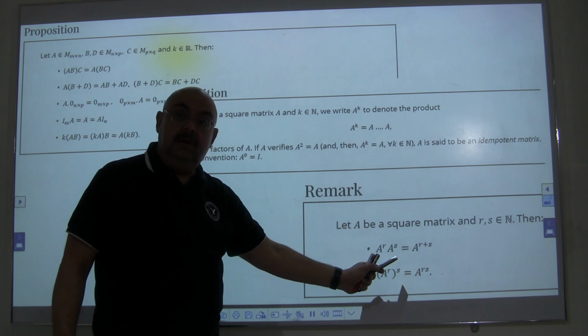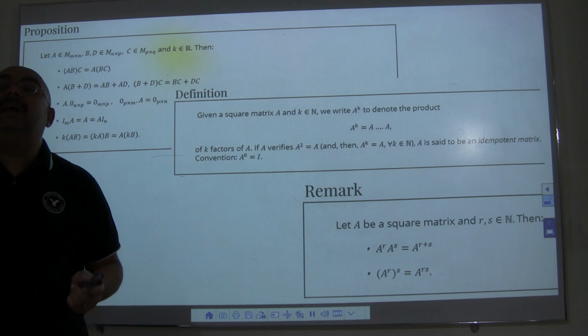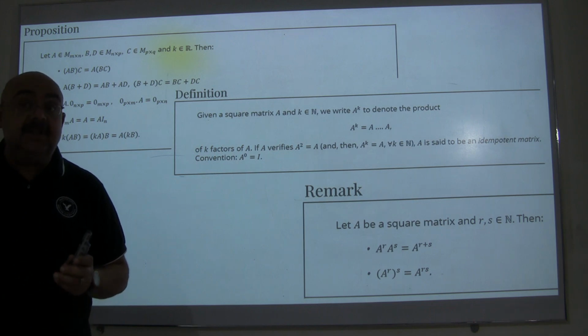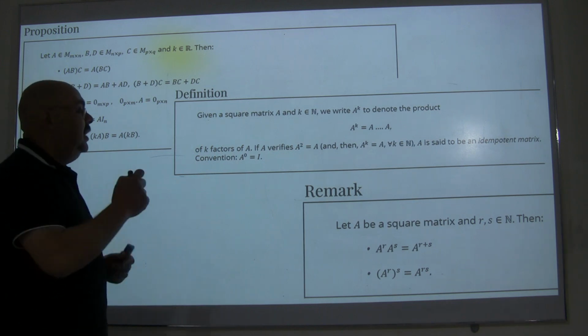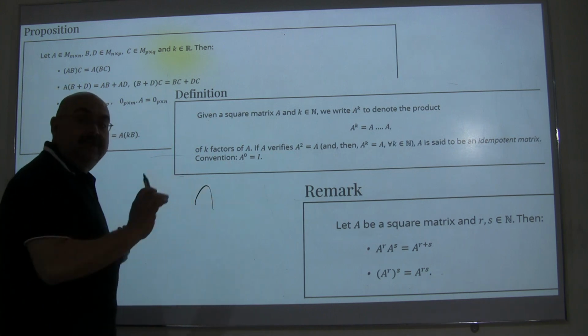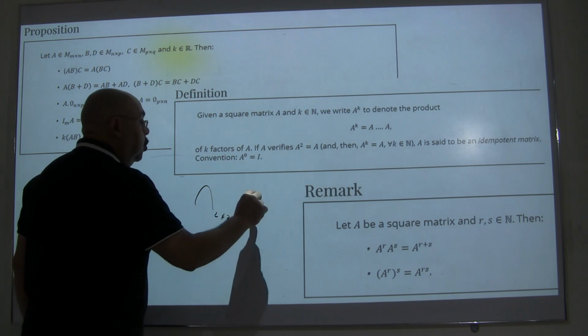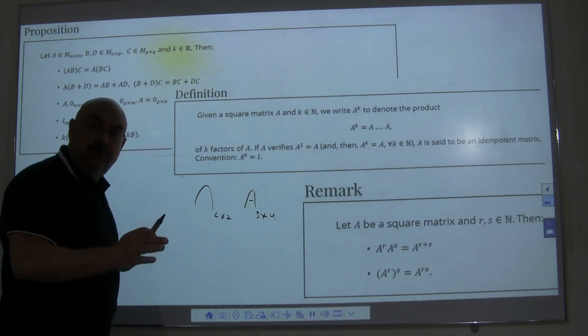A square matrix means the number of rows equals the number of columns. If I say A and that's it, A is a matrix; it can be 2 by 2 or it can be 3 times 4, which is 3 rows and 4 columns.